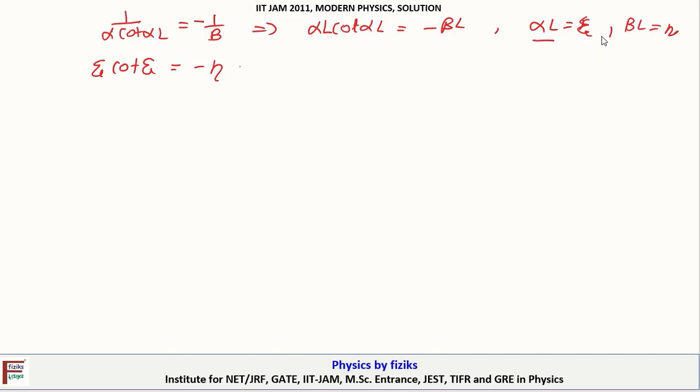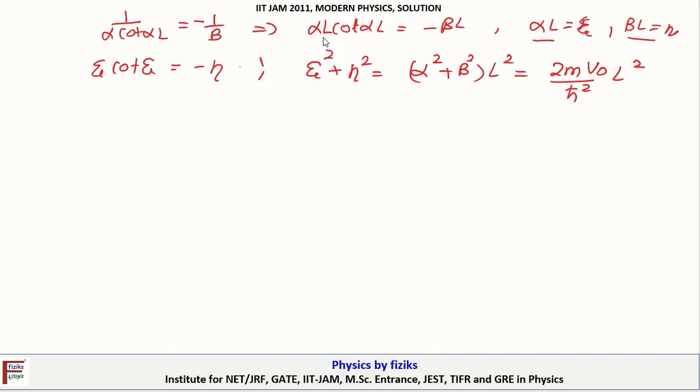Now if we add the squares, xi square plus eta square, we would have alpha square plus beta square into L square, which equals twice m V naught by h cross square into L square, and this can be taken as r square, the radius.